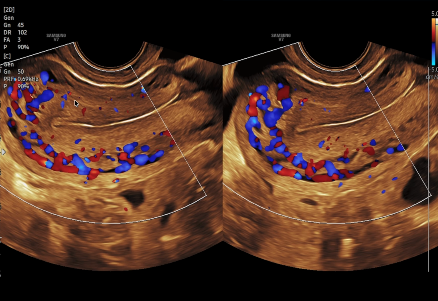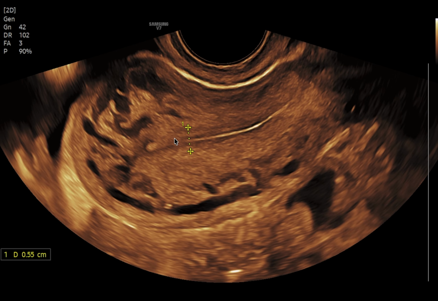And also, actually, see this one, the B mode image, there is anechoic space and anechoic tubular space, the cystic space in the myometrium. In most of the myometrium, there is tubular anechoic structure.